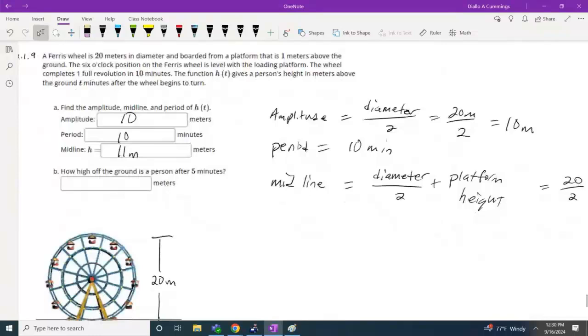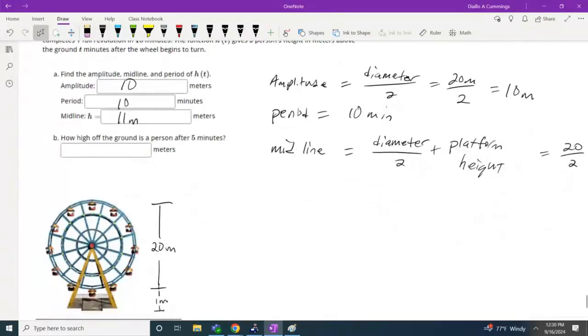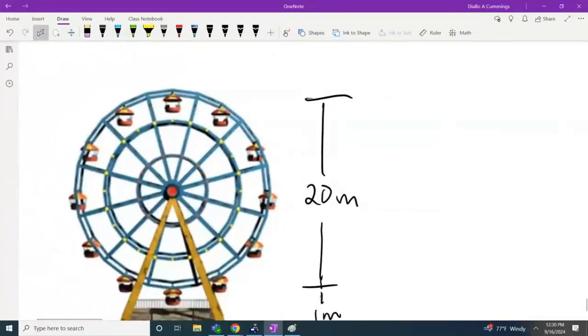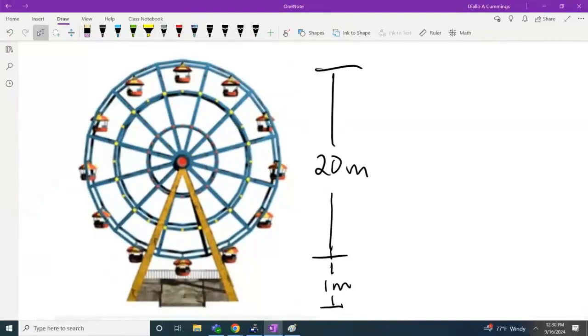Now the last one says, how high off the ground is a person after 5 minutes? Okay, so think about this now. It takes 10 minutes for this Ferris wheel to go from here all the way around here, right? It's 10 minutes. So in 5 minutes, it would be where? It would actually be at the top, right? So what's that distance from the top to the ground?